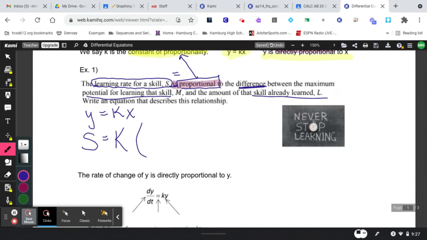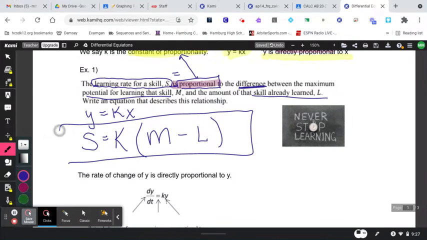So I am looking for the difference between the maximum potential for learning and the amount that is already learned, and this is what they are looking for. So we've seen multiple choice questions similar to this, but we do have to be able to read that function and come up with the direct proportionality solution.